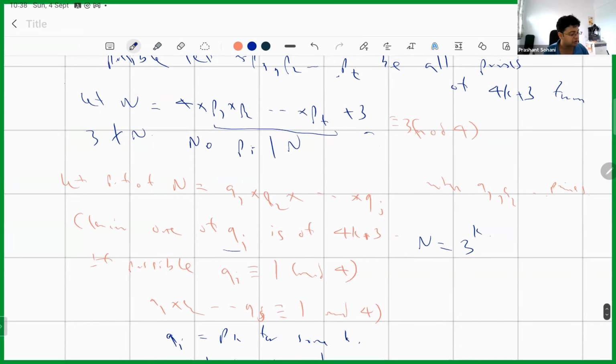Can you think of some modification? I want n to be of the form 4k plus something, instead of remainder 3 modulo 4. Can I replace 3 by something else? A very small modification which will resolve this problem.